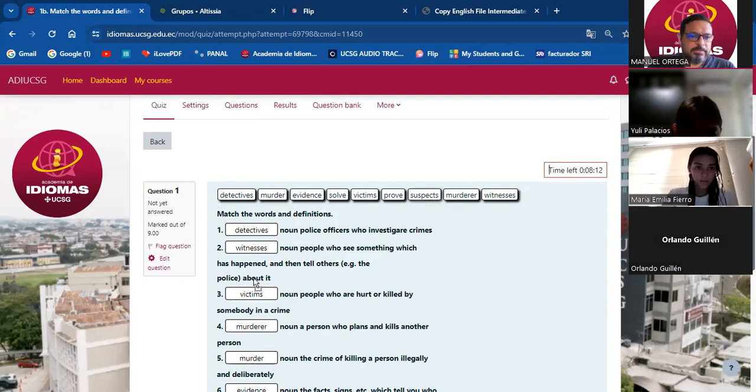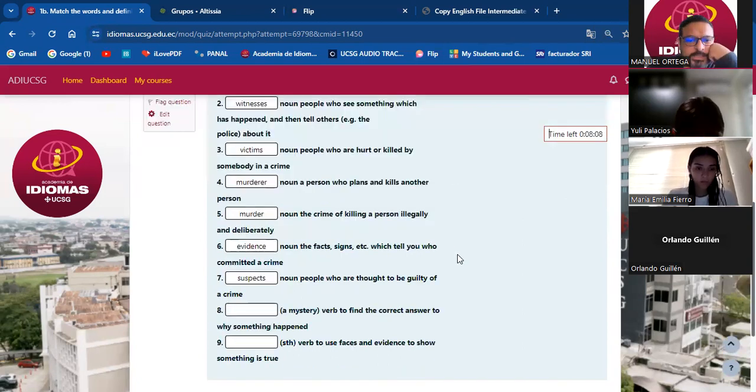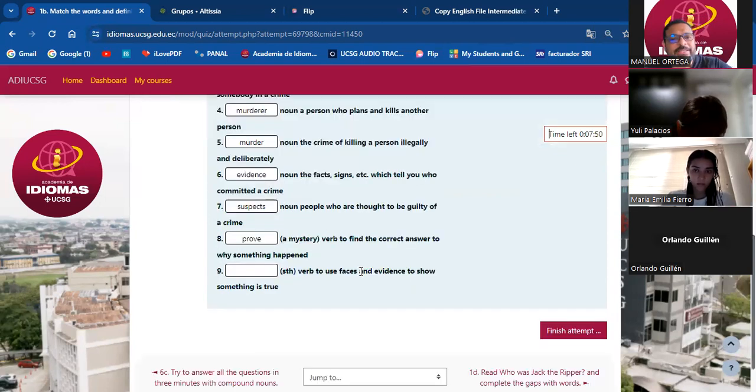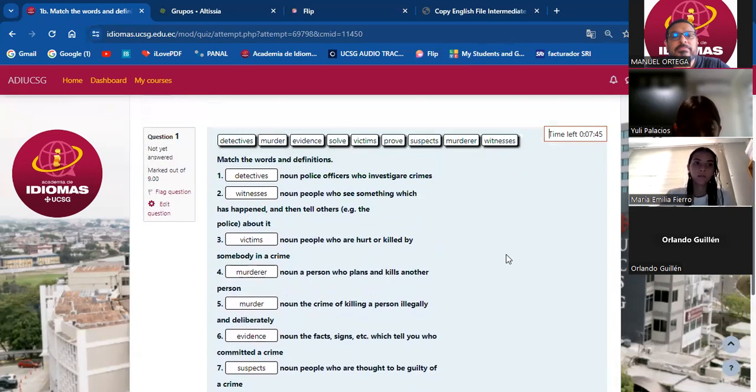Number 8, a mystery. Better to find the correct answer to why something happened. Solve. And the last one, use facts and evidence to show something is true. So on that one we put solve.